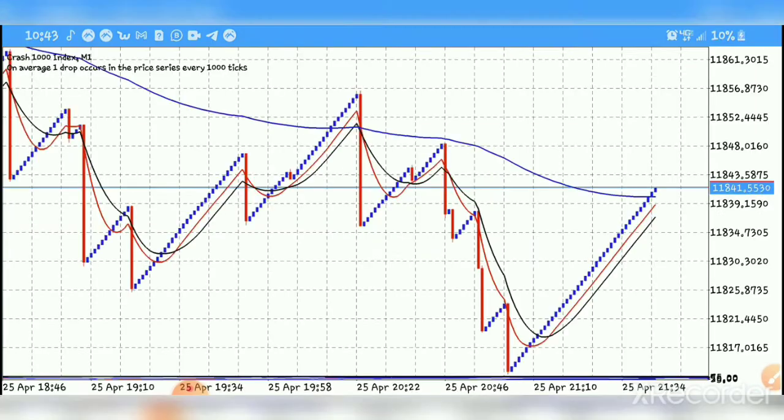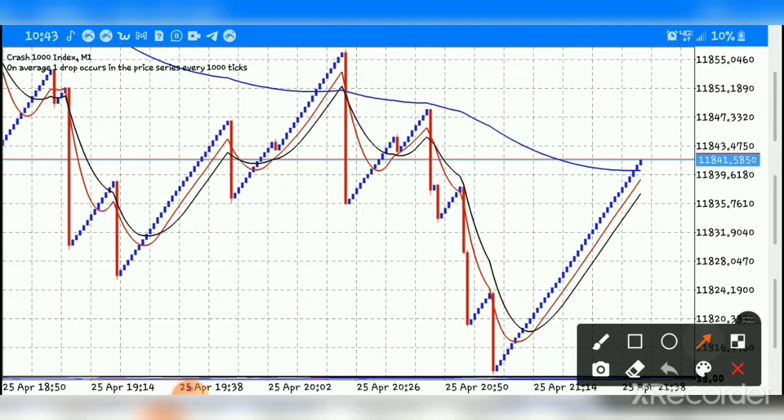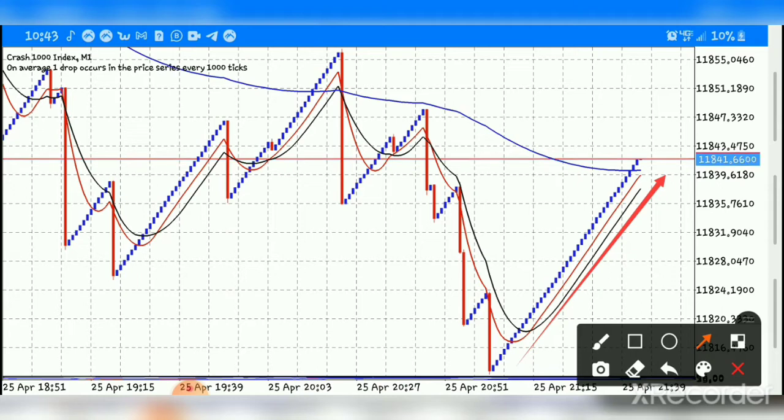This is the normal trend for crash. Crash usually starts from bottom to up, so usually on uptrend. So if you are trading crash, you can trade both trends. You can trade the downtrend and the uptrend also, but the normal trend for crash is uptrend.